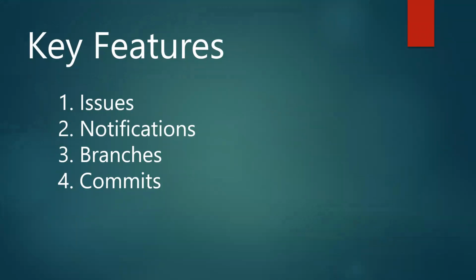The first one is issues. Issues are where most of the communication between project consumers and the development team occurs. An issue can be created to discuss a broad set of topics, including bug reports, feature requests, documentation clarification, and more. Once the issue has been created, it can be assigned to owners, labels, projects, and milestones.